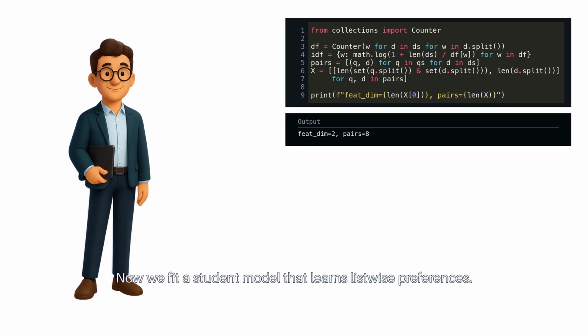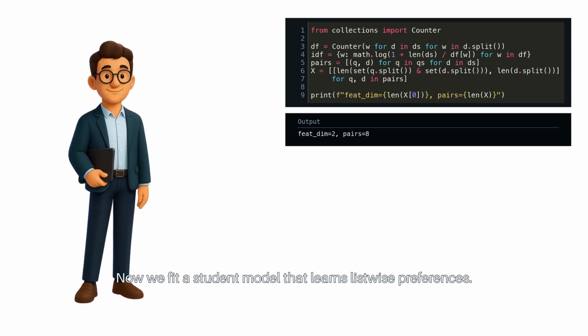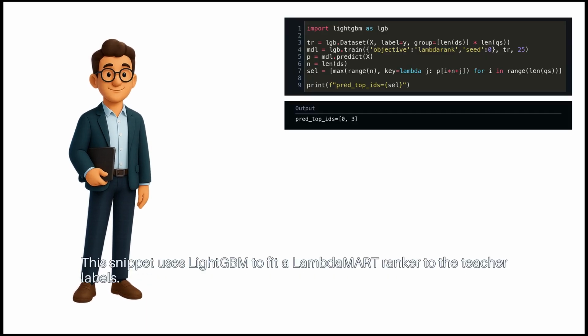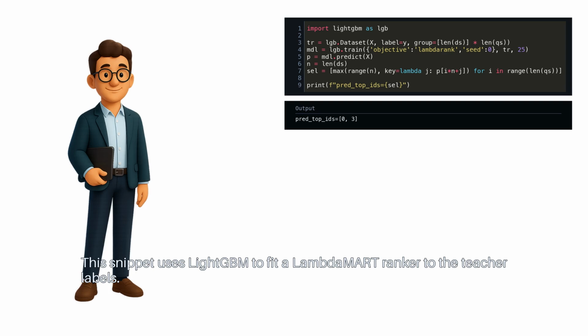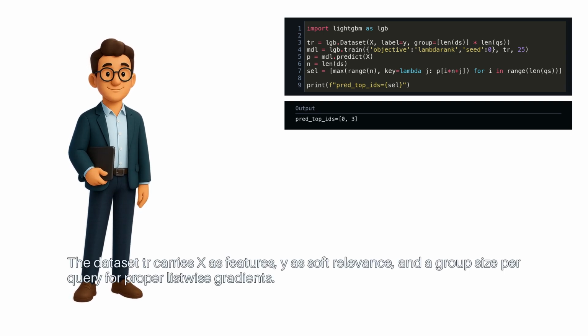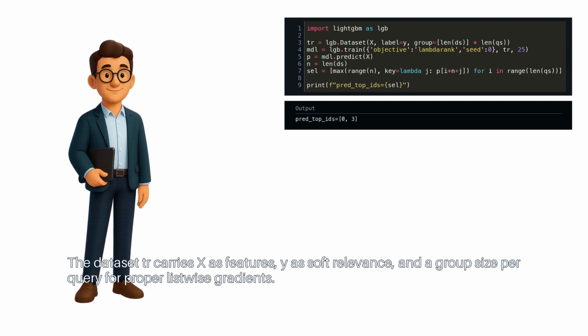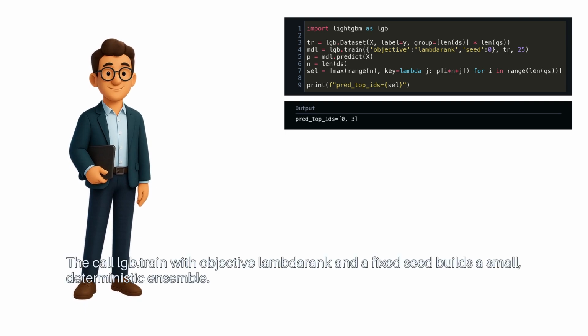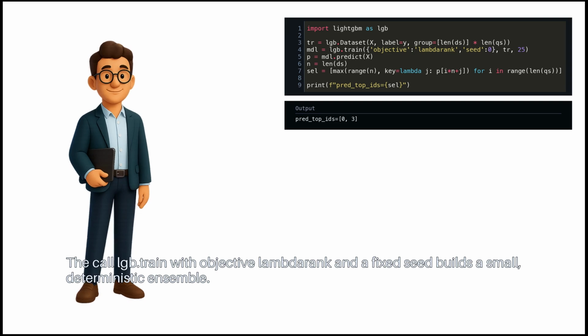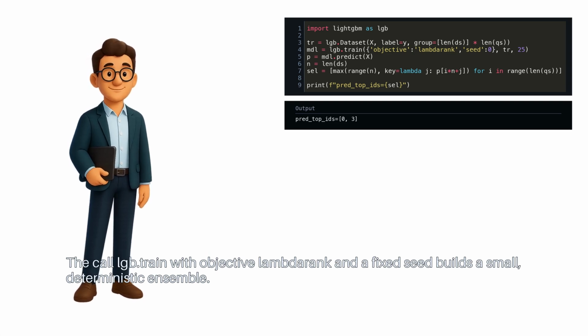Now, we fit a student model that learns listwise preferences. This snippet uses LightGBM to fit a LambdaMART ranker to the teacher labels. The dataset TR carries X as features, Y as soft relevance, and a group size per query for proper listwise gradients. The call lgb.train with objective lambdarank and a fixed seed builds a small deterministic ensemble.